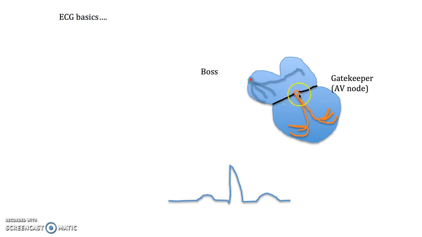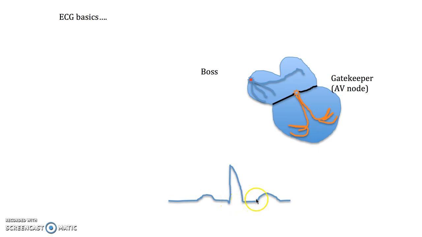We're just waiting for the gatekeeper to open its gates and allow the electrical impulse to pass through to the ventricles. And when it does, when the ventricles depolarize, we get the QRS. The QRS is a bigger impulse and shows up bigger on the ECG because the ventricular muscles are larger than the atrial muscles, okay?